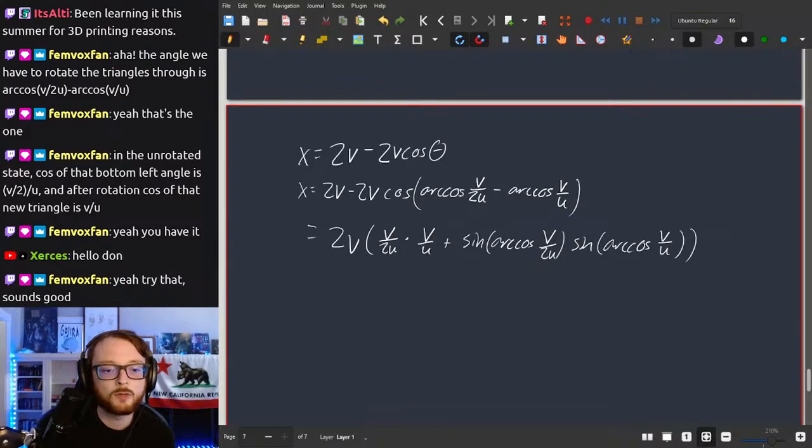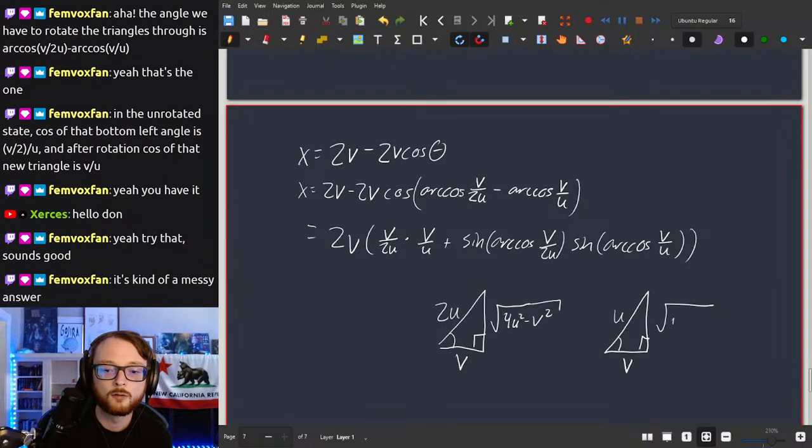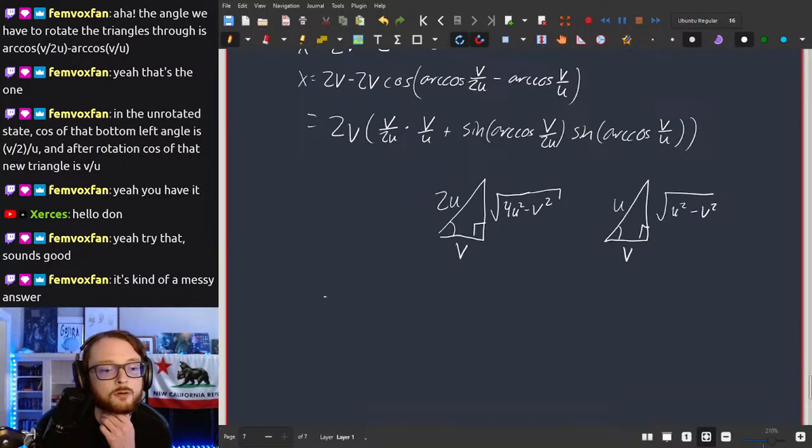Okay, and now I guess we make right triangles. So arc cosine adjacent over hypotenuse. Pythagorean theorem. Let's make the other right triangle while we're at it. Yeah, it's going to get messy. Why would it be clean though?